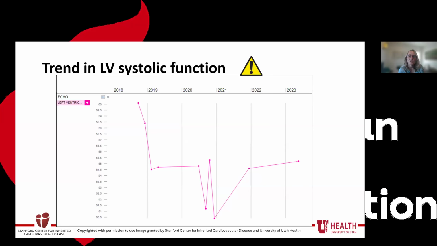Then over time, she has slowly kind of burnt out or had this reduced LVEF down into the mid 50s. And then during that first pregnancy, she dipped as low as 50. So now you're looking at a 10-point drop in her LV systolic function. There was some recovery after that first pregnancy where she sat around between 51 and 55.